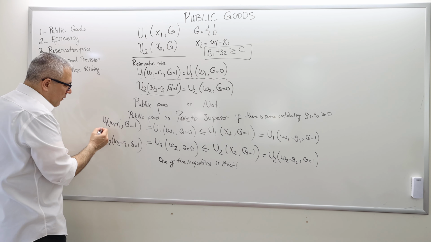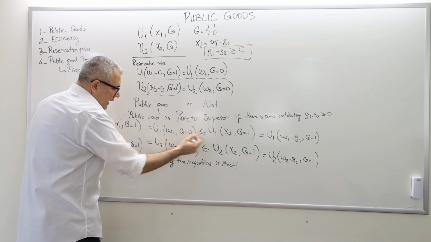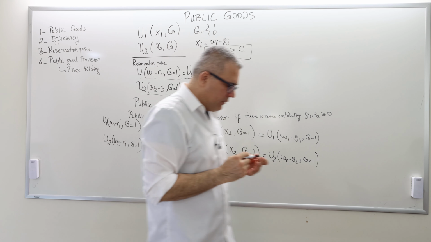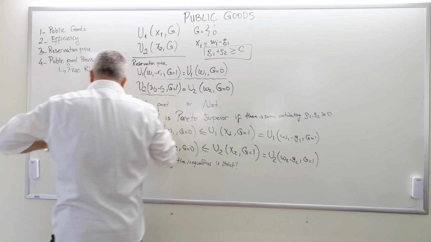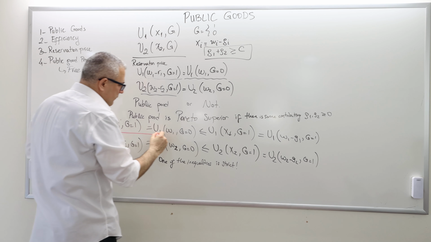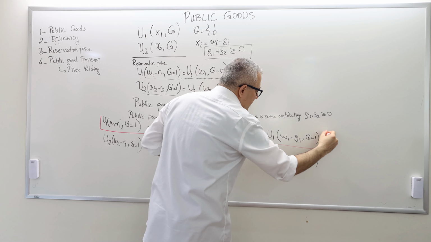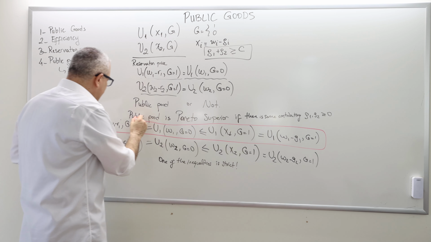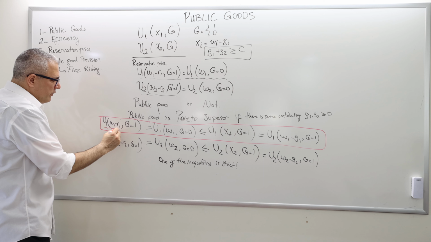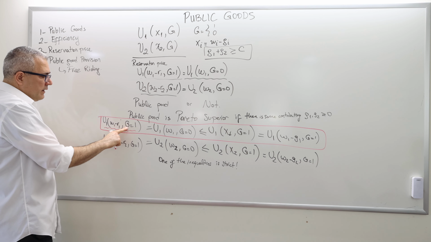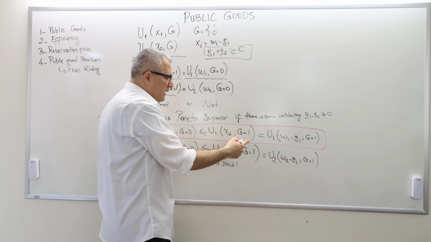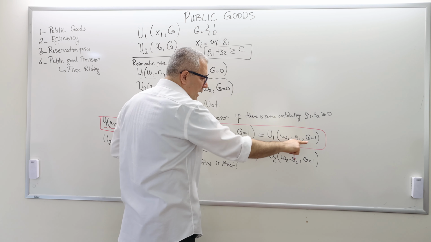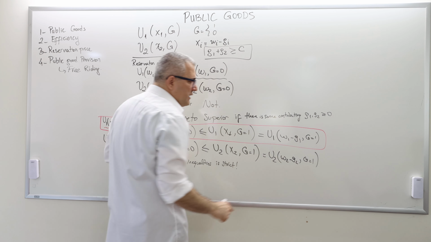Because now, when I look at this inequality, let me use a different color and focus on agent 1's inequality. On the left-hand side, I have the utility of agent 1 when G is equal to 1, and on the right-hand side I also have the utility of agent 1 when G is equal to 1.